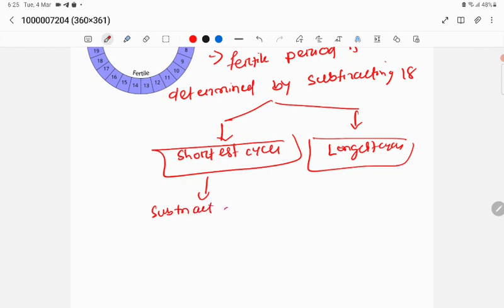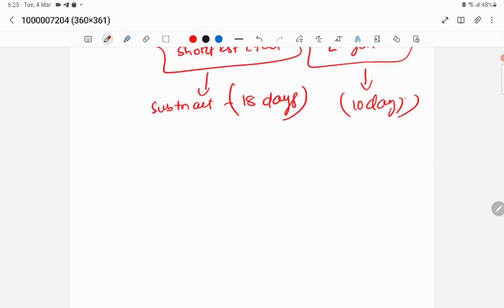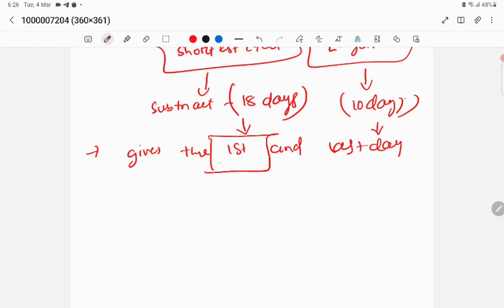If it is the longest cycle, you have to subtract 10 days. After subtracting, you will get the first day and the last day, the fertile days.